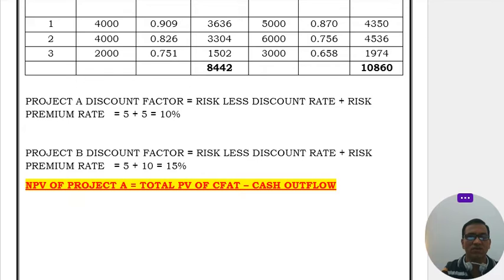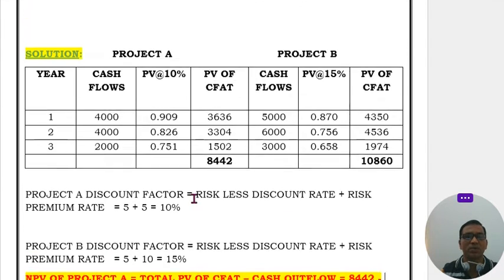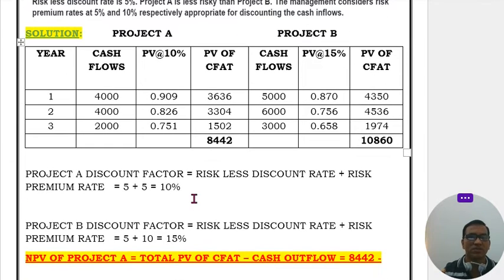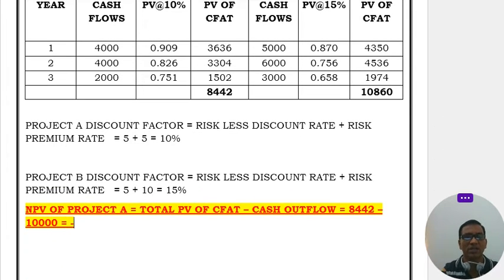What is the total PV of CFAT? 8,442 minus the cost of the project, 10,000. You will get the answer in negative. 8,442 minus 10,000 is minus 1,558.